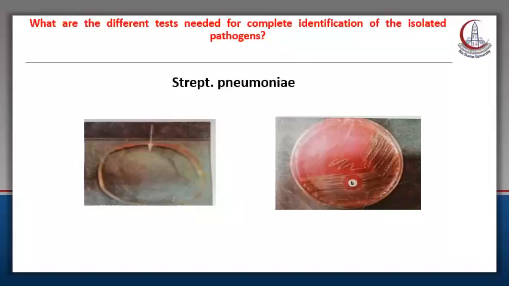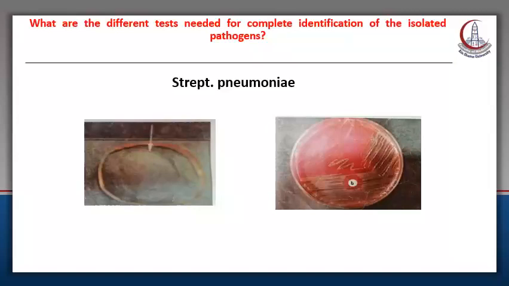We take a drop of hydrogen peroxide on a slide, then put the colony on the hydrogen peroxide drop. If it gives effervescence, it will be catalase positive. If with no effervescence, meaning bubbles, as the hydrogen peroxide is catalyzed by catalase into water and oxygen bubbles, so it will be with no effervescence, catalase negative.